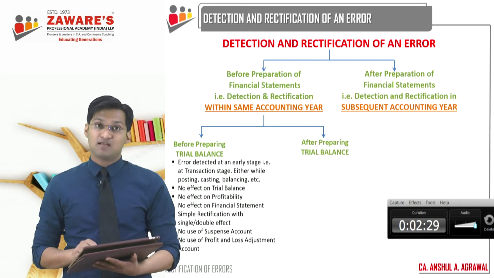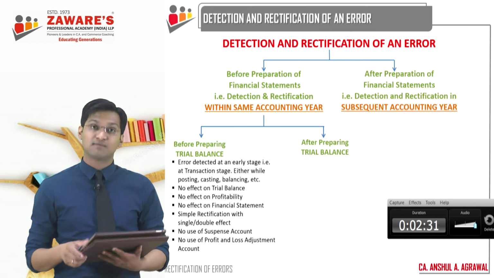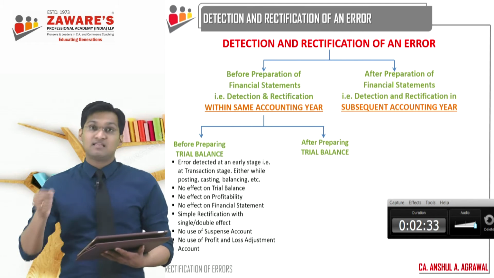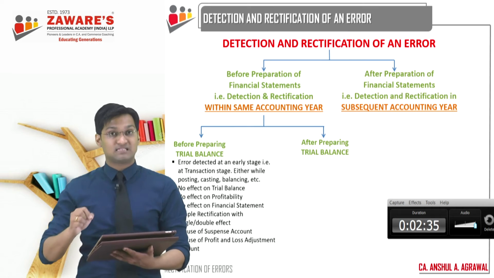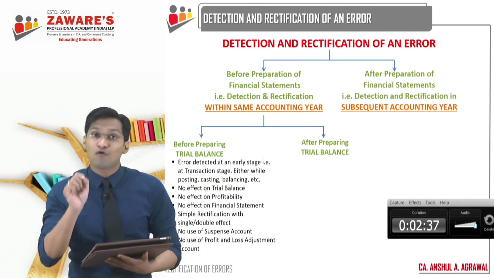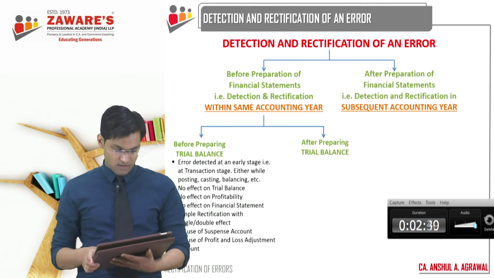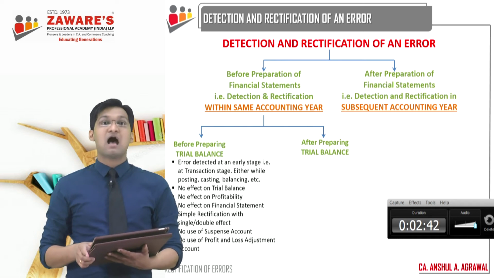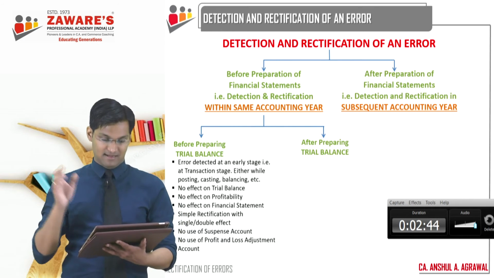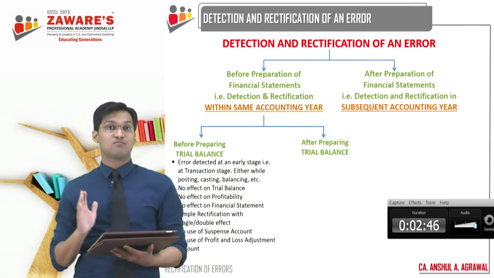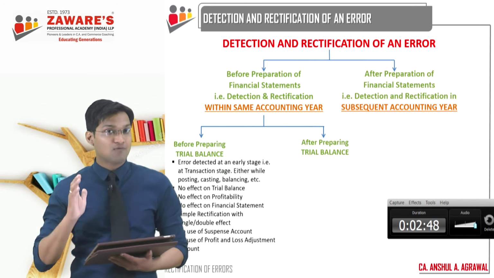Even in the first branch, there can be two possibilities, my dear friends: the error is located and detected before preparation of the trial balance, or the error is located after preparation of the trial balance. My dear friends, understand what the difference is. We have seen the accounting process.